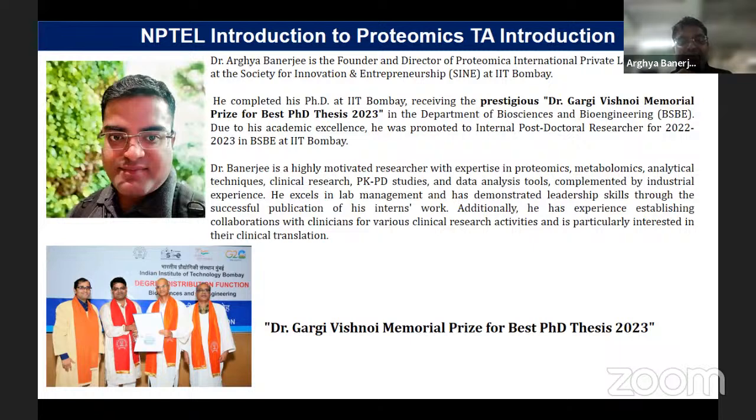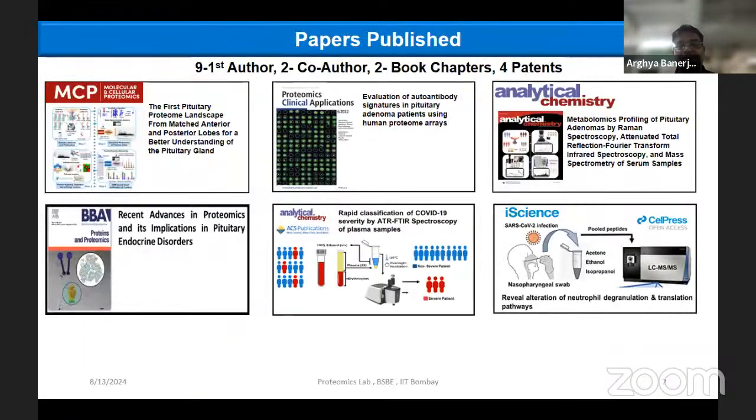I am very much involved in clinical research and the PKPD assay. At the end of my PhD tenure, I had a couple of publications as well as patents, which gave me the Dr. Gargi Vishnoi Memorial Best Thesis Award from the Proteomics Lab, IIT Bombay. Here are a few of my papers which have been published in well-renowned research journals.